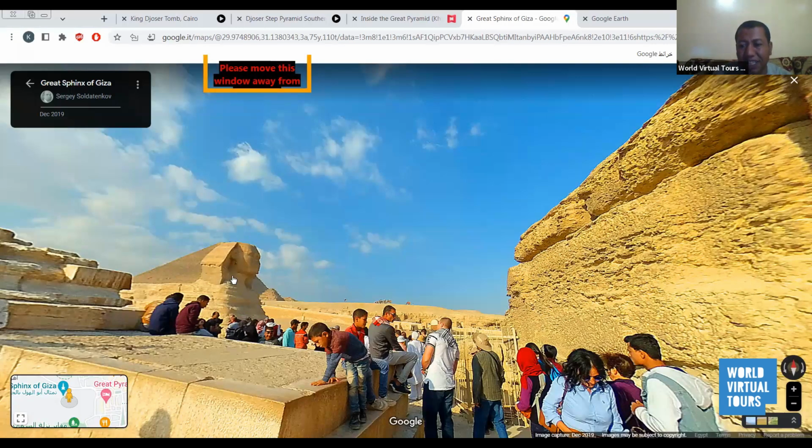But this statue doesn't have any writing to indicate to whom it belongs. So most of the Egyptologists began to relate this statue to King Khephren, or Khafra, the builder of the second pyramid. But we cannot assume that exactly, okay?